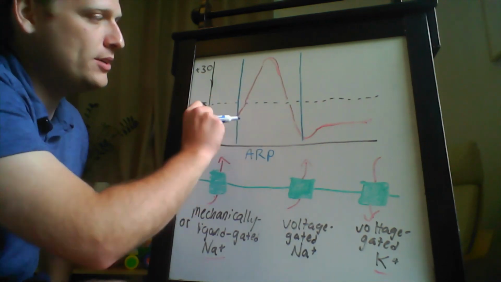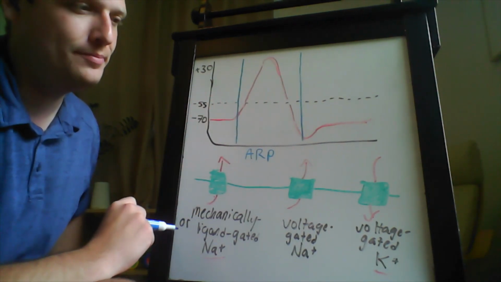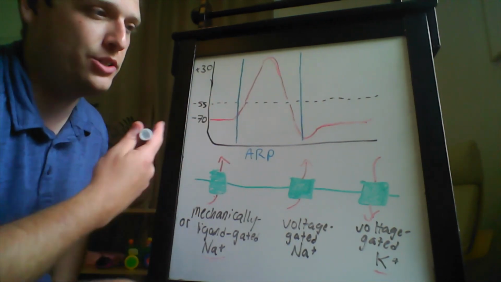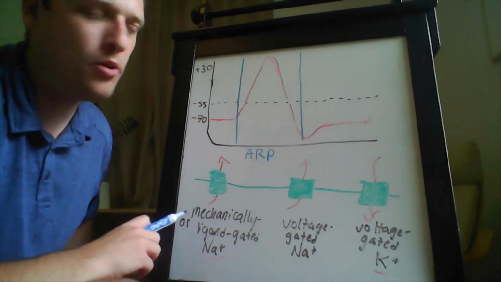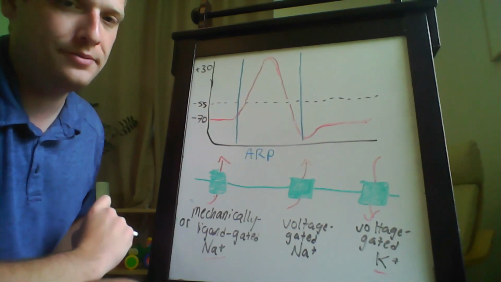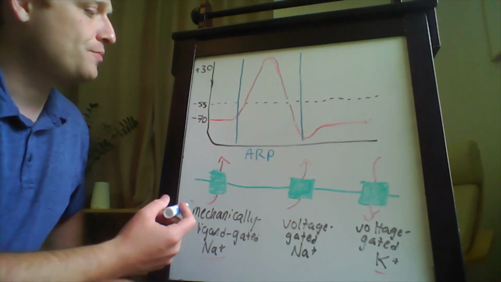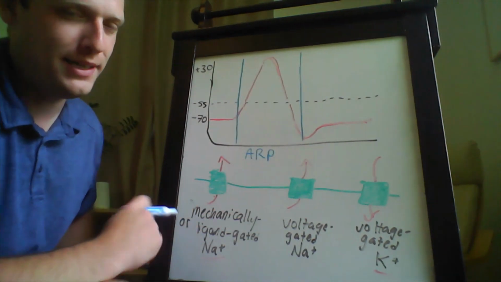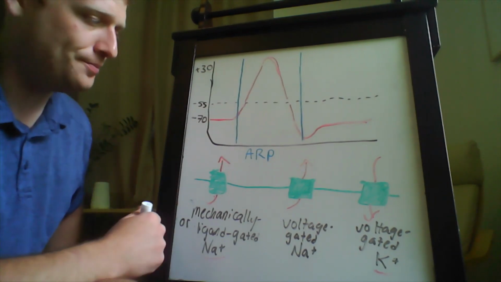So once this process has been initiated, no more action potentials are going to occur, no matter how much stimulation is going on in that neuron. So only one action potential happens at a time.